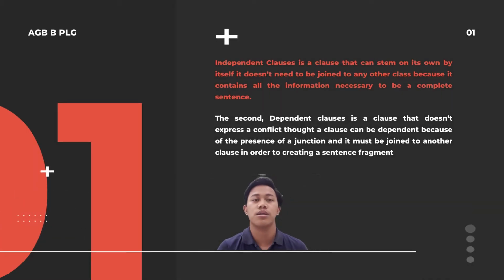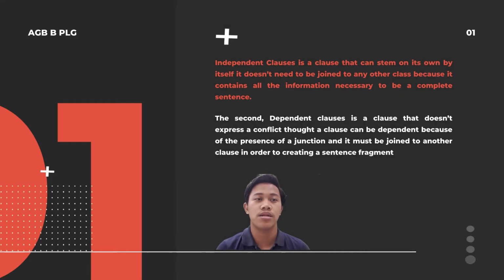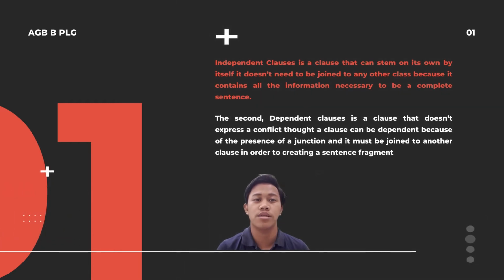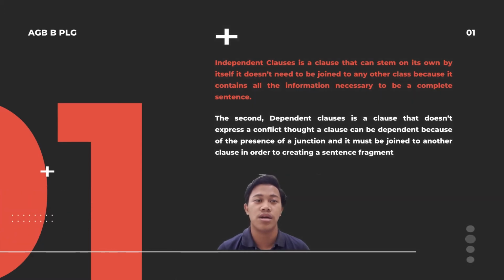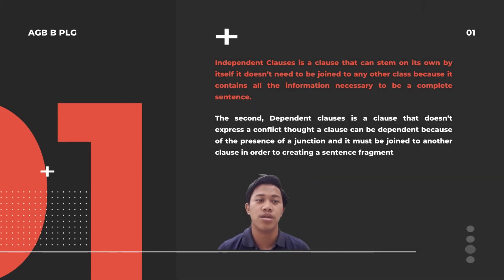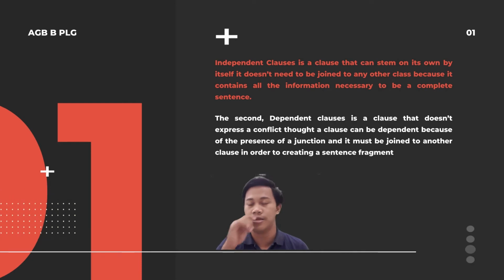Independent clause is a clause that can stand on its own by itself. It doesn't need to be joined to any other clause because it contains all the information necessary to be a complete sentence.